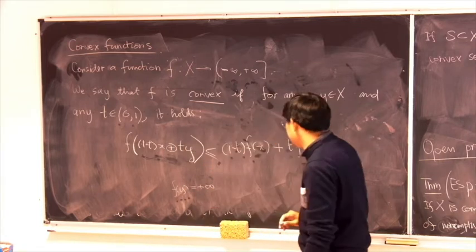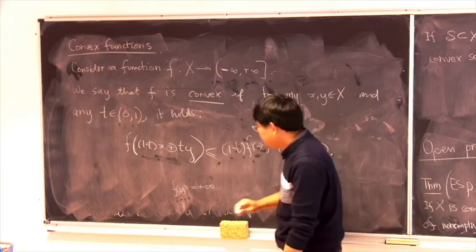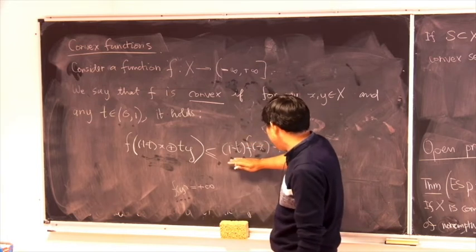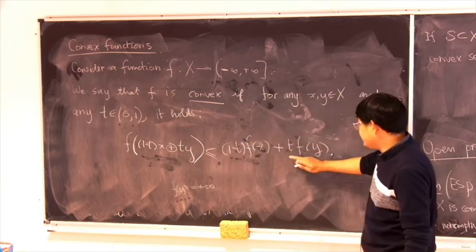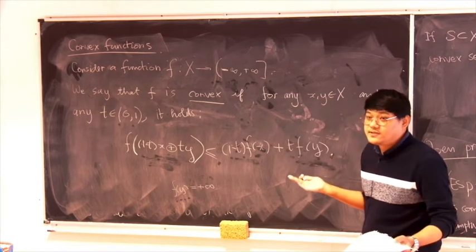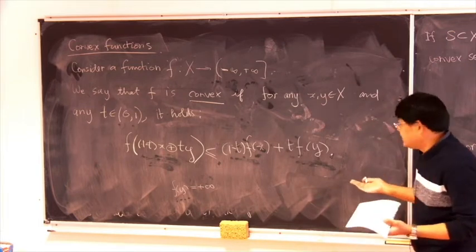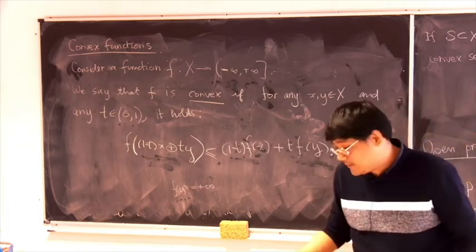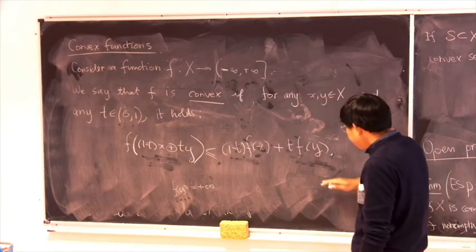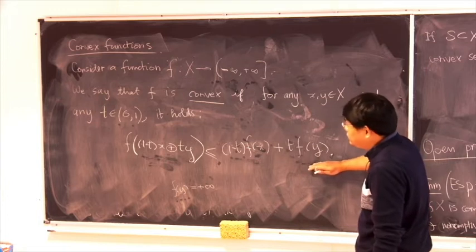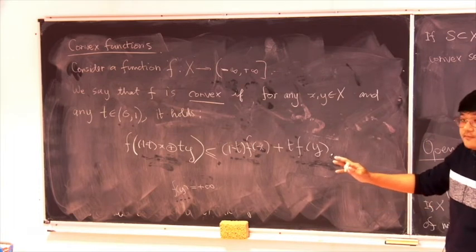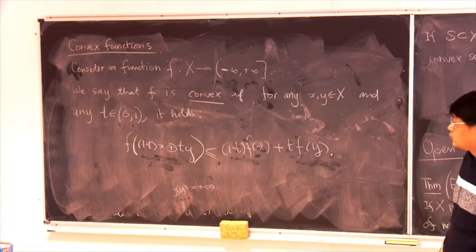f(y) is plus infinity. And take t equals 0. This reduces to f(x). How about this term? This term is 0 times plus infinity. So what is 0 times plus infinity? We don't know. Even in the limit, that is still an indeterminate form. So if we want this inequality to make sense, we have to make a convention if we include t equals 0 and t equals 1.